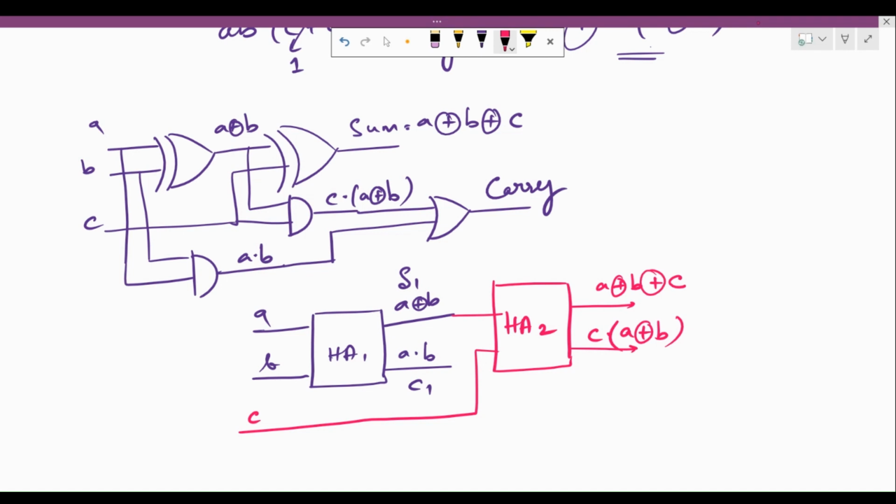Because for a half adder, we know that the sum is A XOR B and the carry is AB. So we are considering that this is A and this is B, right? In that case, this is how we are going to get it.